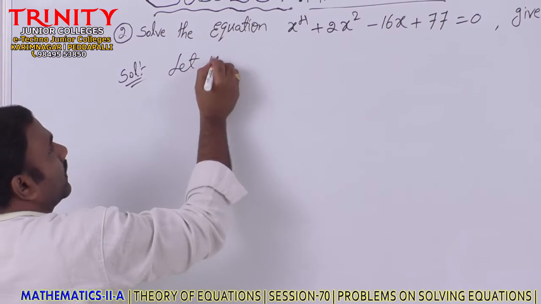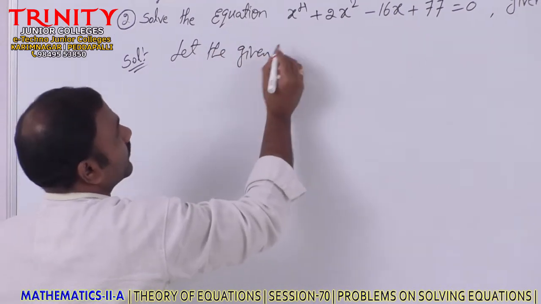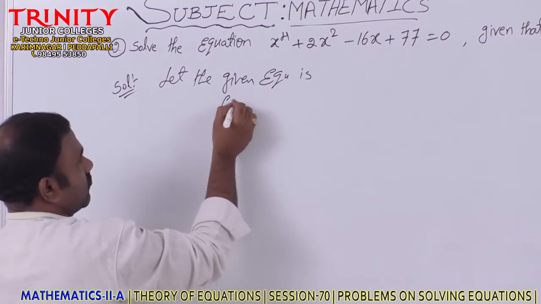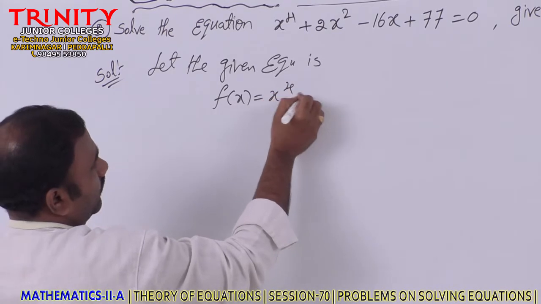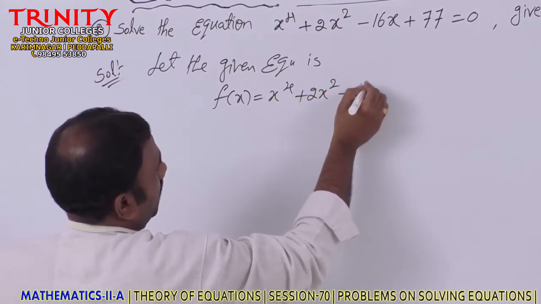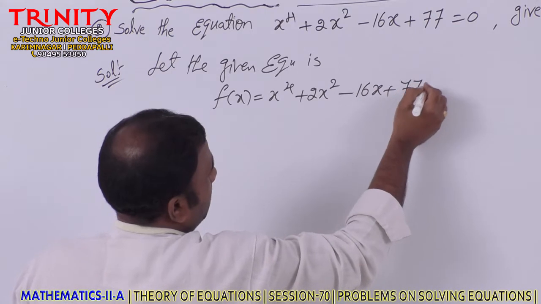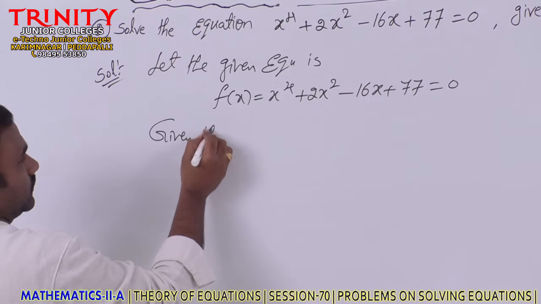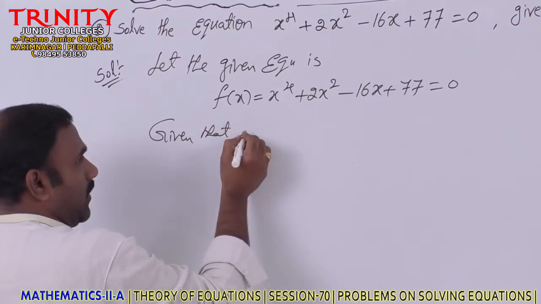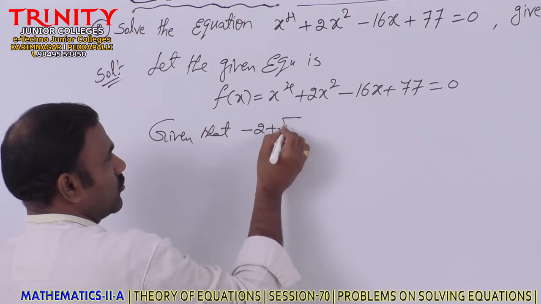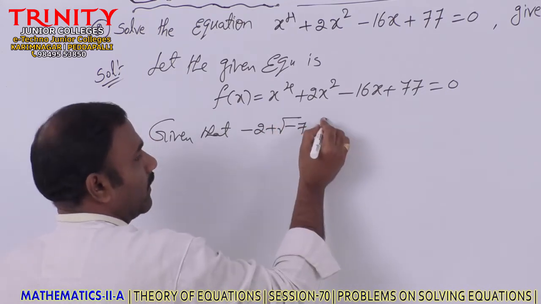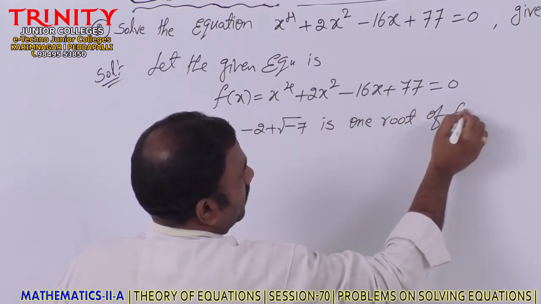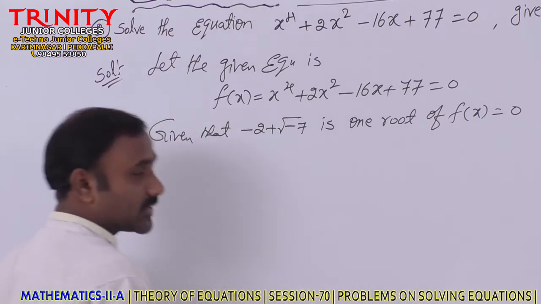Let the given equation be f of x equal to x power 4 plus 2x square minus 16x plus 77 equal to 0. Given that minus 2 plus root minus 7 is one root of f of x equal to 0.